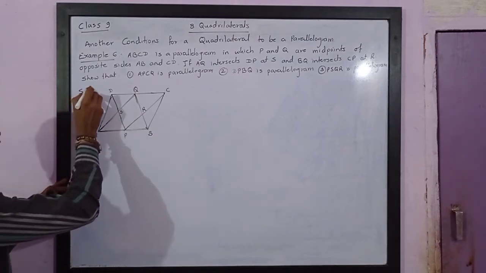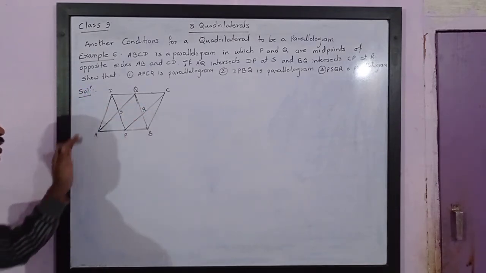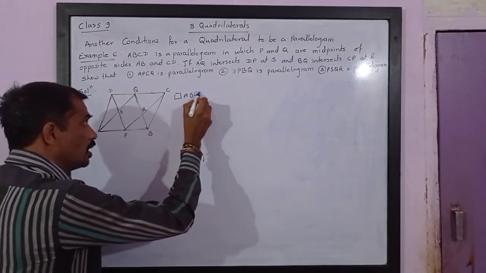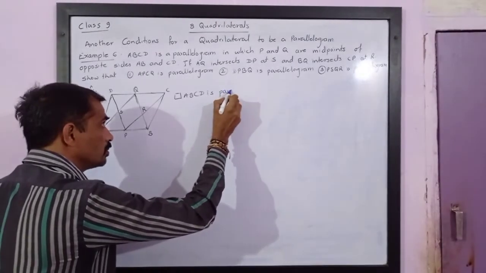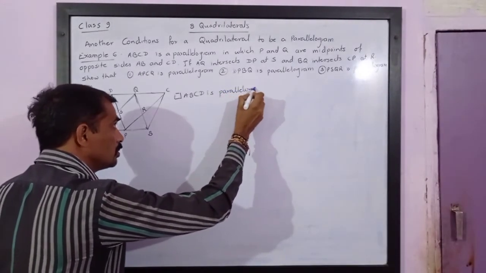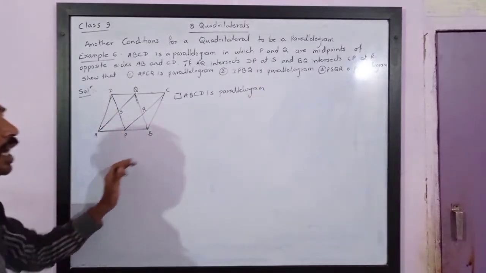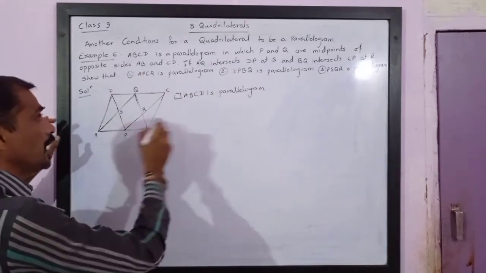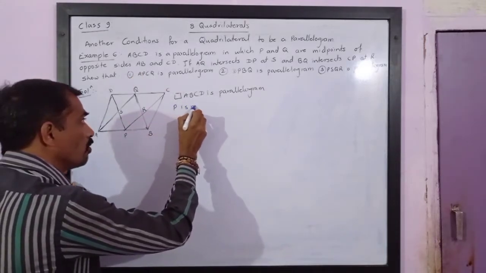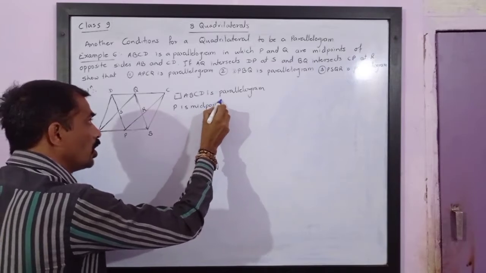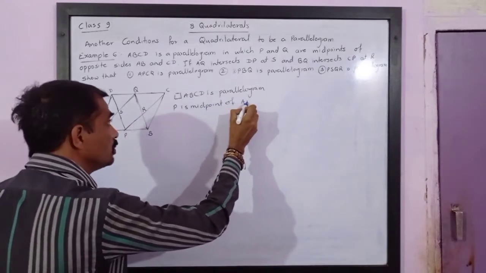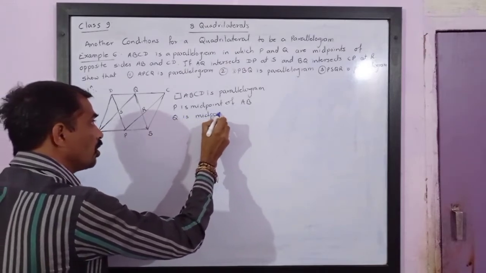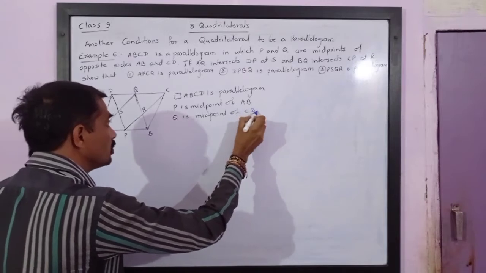So, solution. First let us start with the given things. We are given that quadrilateral ABCD is a parallelogram. Then next we are given P and Q are midpoints of opposite sides, that is AB and CD. So P is the midpoint of AB, Q is the midpoint of CD.